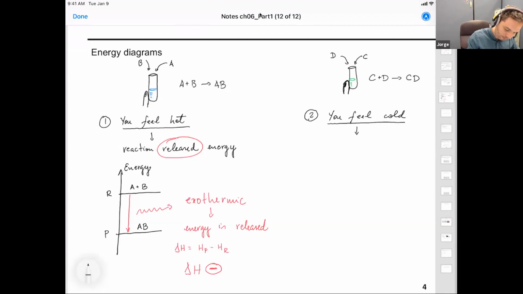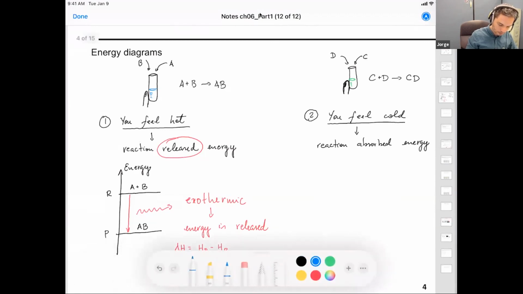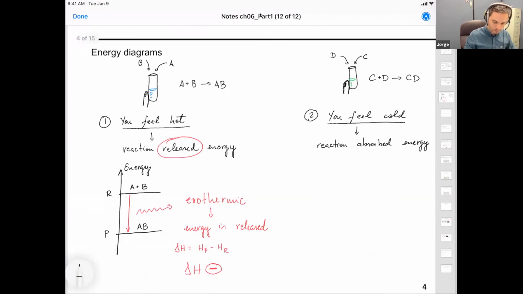So just the fact that you felt the test tube cold means the reaction absorbed energy. If the neighborhood got cold, the reaction needed to absorb energy to go all the way to the products.